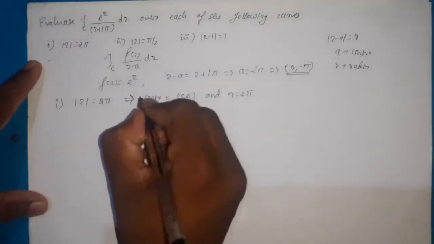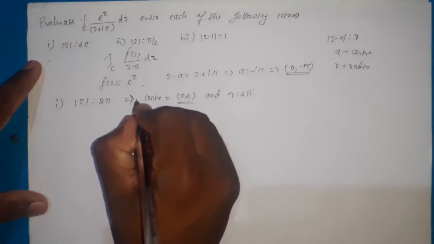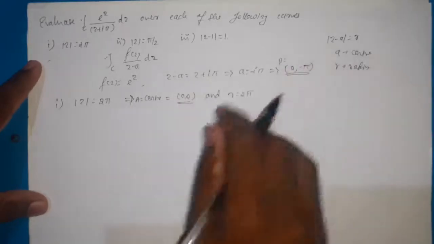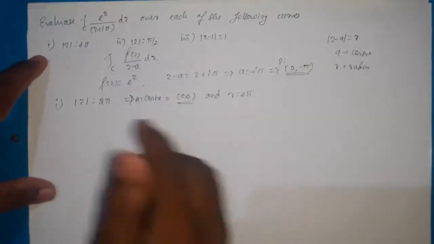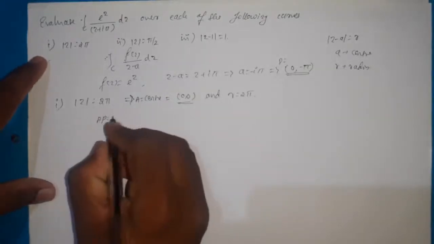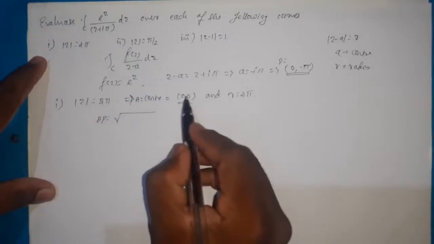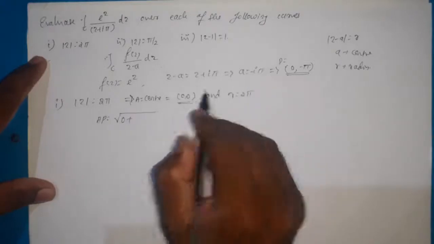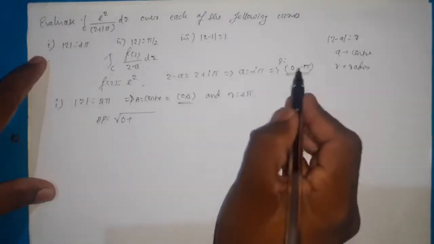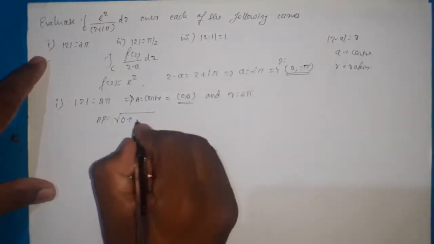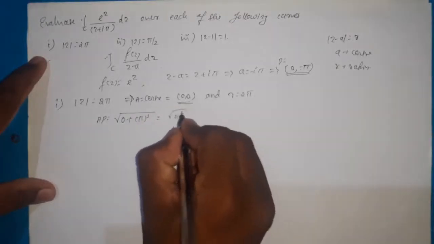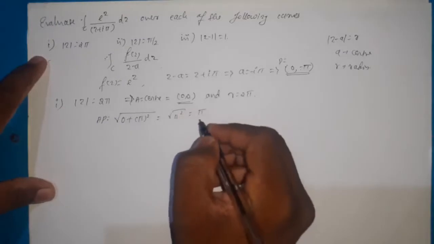So let us take this as point A and let us consider this as the point P. Then the distance AP is equal to square root of 0 minus 0, that is 0, whole square is 0, plus 0 minus of minus pi, that becomes plus pi, whole square, that is pi square, and it is pi.